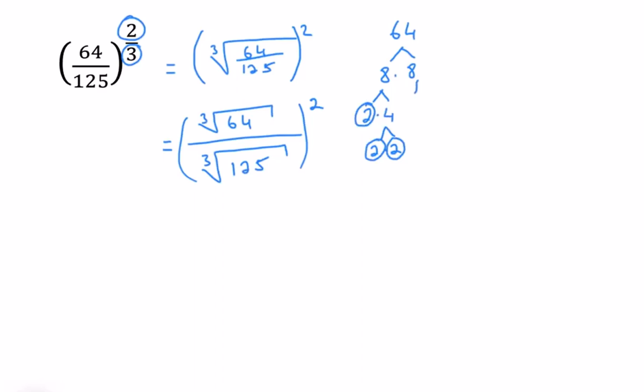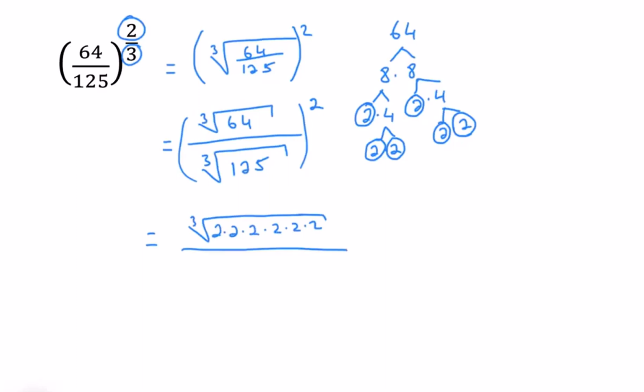The other branch, do the same thing. So we have 2 times 4, and 4 is 2 times 2. So here we end up with six 2s. So we have the cube root of 2 times 2 times 2 times 2 times 2 times 2, six 2s.